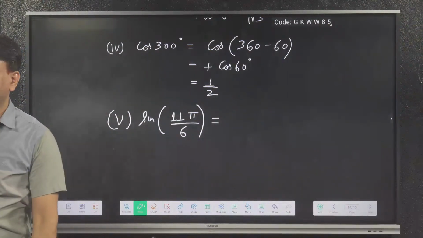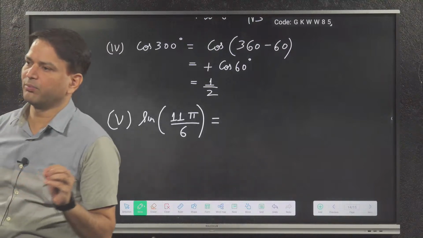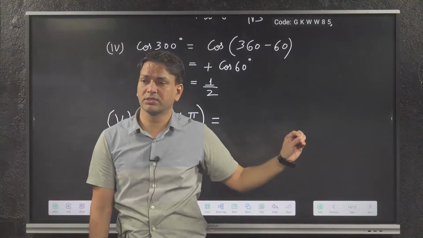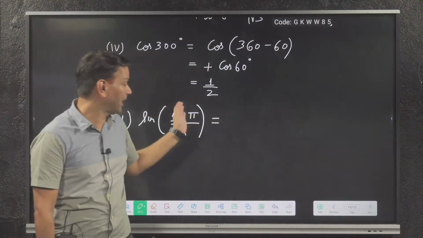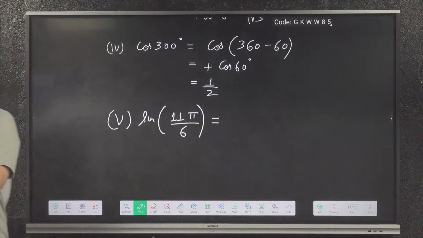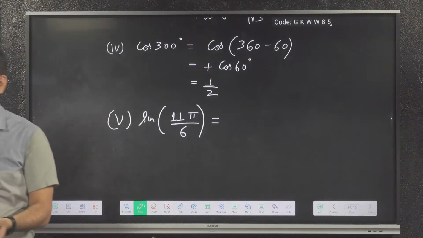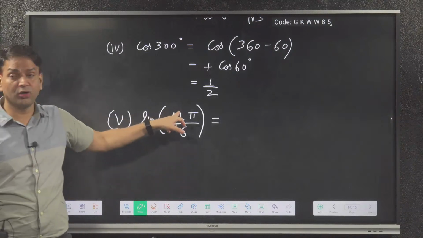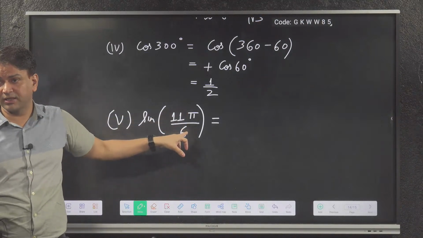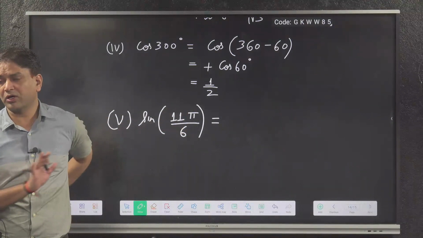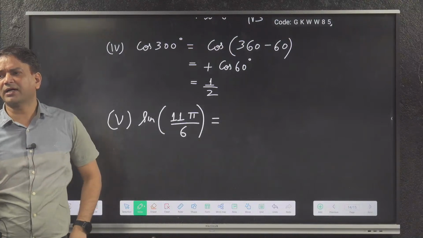This is more than pi and less than 2 pi, because if it were 12 pi by 6 then it would be 2 pi. So here we will split into pi minus, pi plus, 2 pi minus, 2 pi plus. Everybody knows or not? It is more than pi and less than 2 pi.